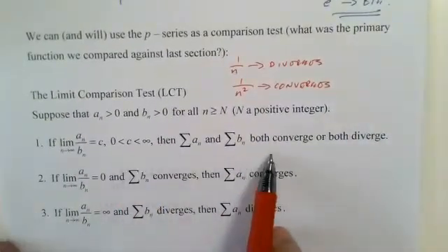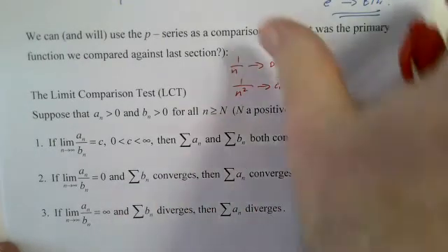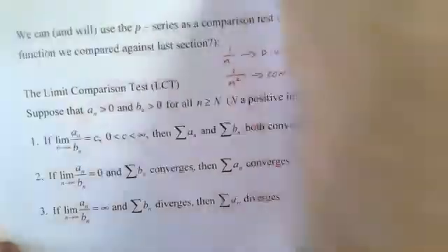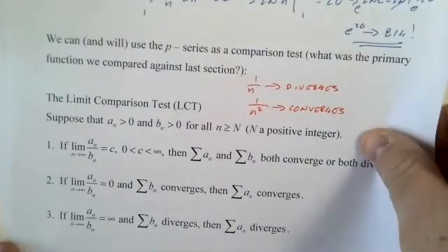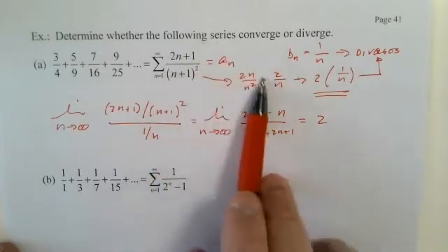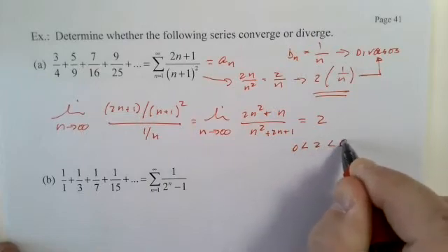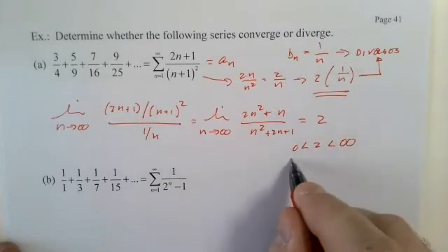Now let's see what the rules said. If you get between 0 and infinity, they either both converge or both diverge. That's pretty cool, huh? Again, I'm showing you how you're going to do it on a test. So since 0 is less than 2 is less than infinity, both diverge.